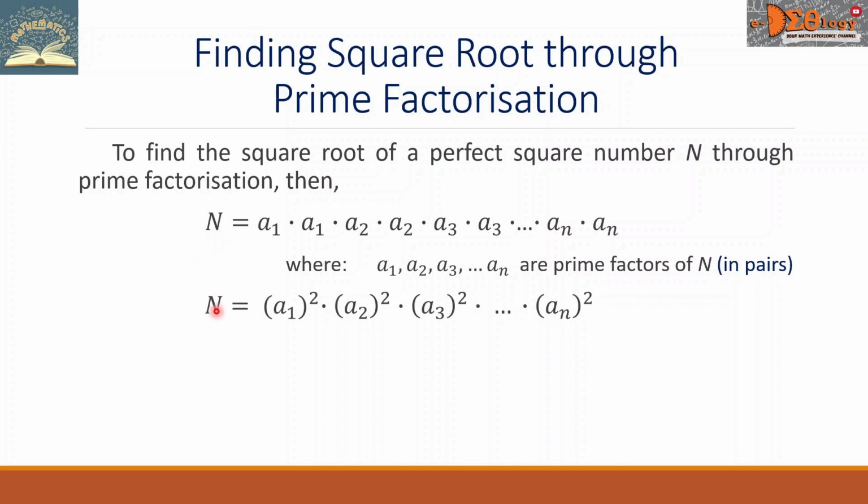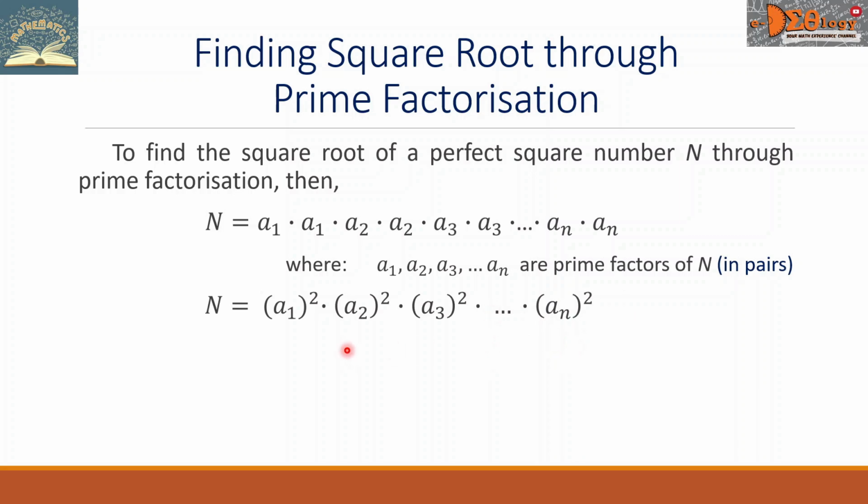Now, we can write this capital N like this: the square of a sub 1 times the square of a sub 2 times the square of a sub 3 times up to the square of a sub n.